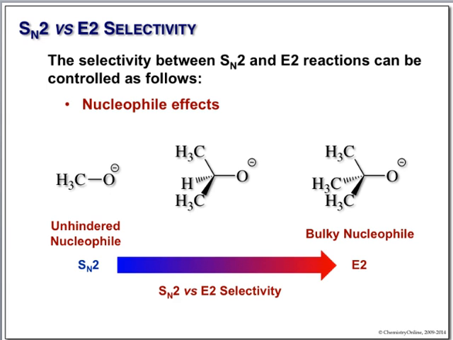Whenever on the exam you see tert-butoxide, that's going to tell you it's an elimination reaction. Okay? That's simple to remember. Write it on your hand. Tert-butoxide means elimination. If it's little, you can do substitution. If it's big, it's elimination.